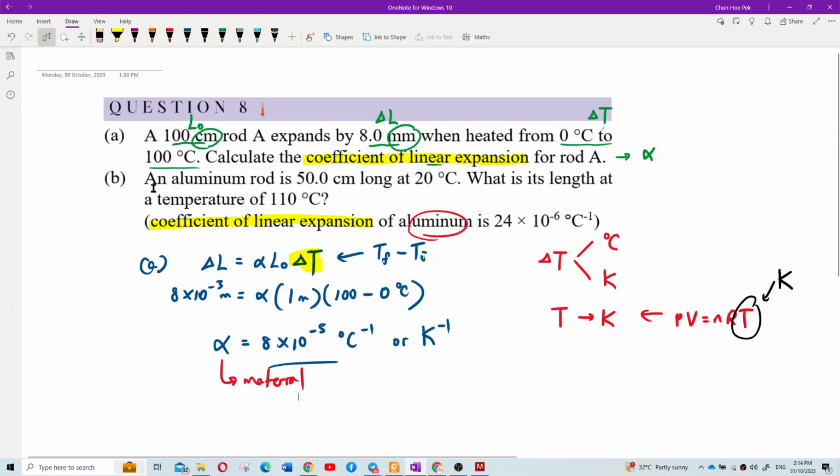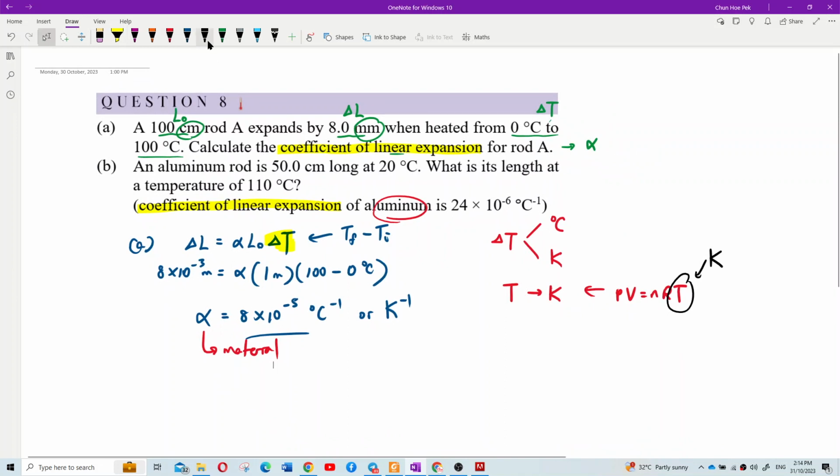Question B. Let's find out how to do that. It's given 50 cm long, this is the original length L0, at this initial temperature.